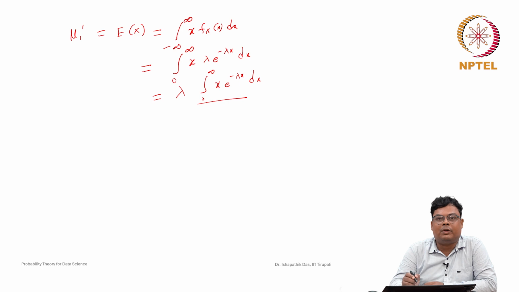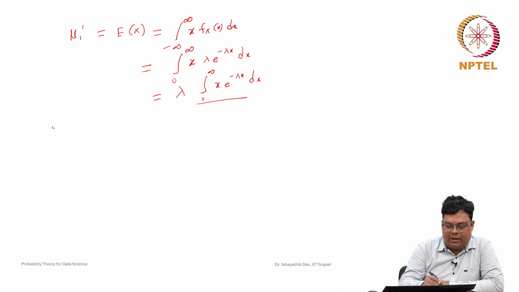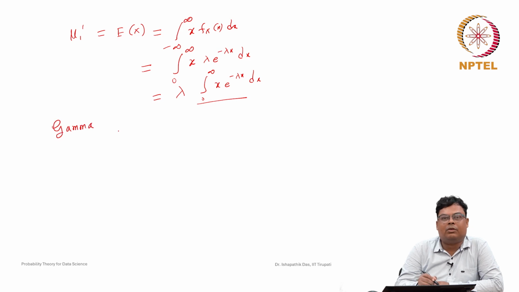We will use the concept of the gamma function, an improper integral. You may have studied it in some of your mathematics courses, in integral calculus. That gamma function is very important. Using this gamma function we will also discuss one distribution called the gamma distribution. That is why we are introducing the gamma function here.